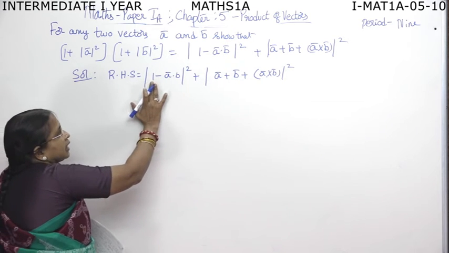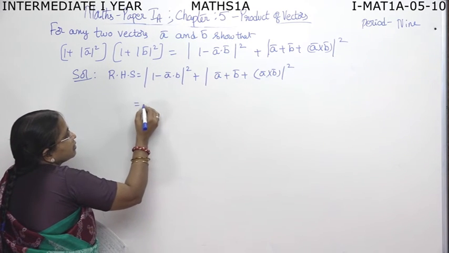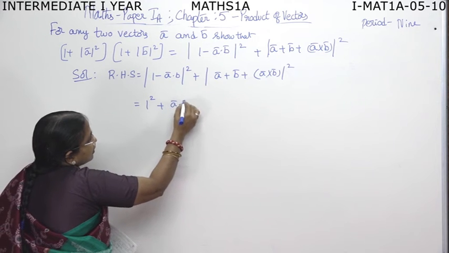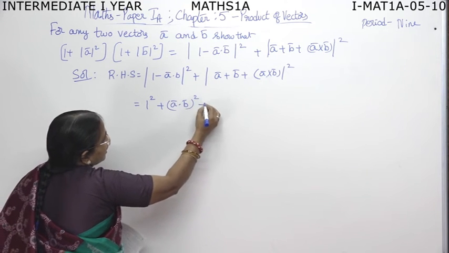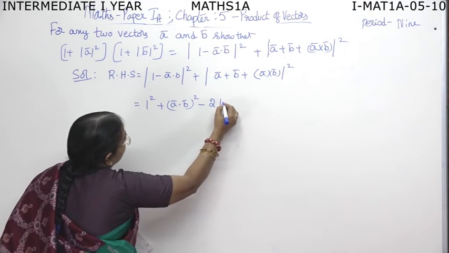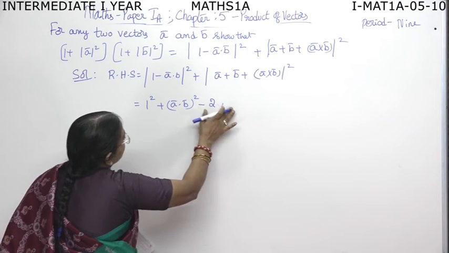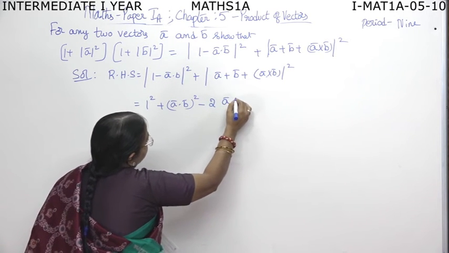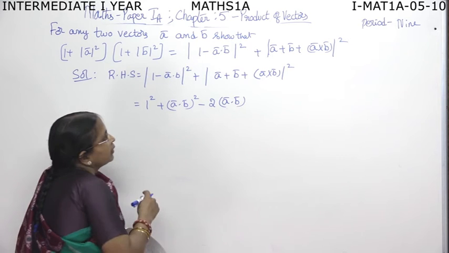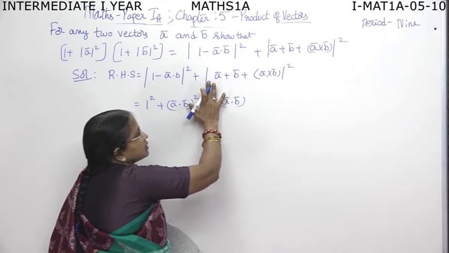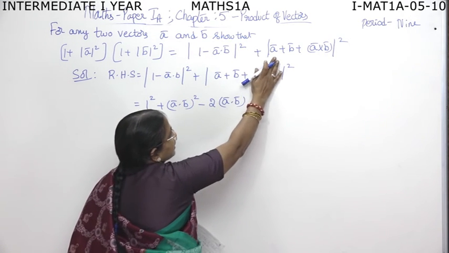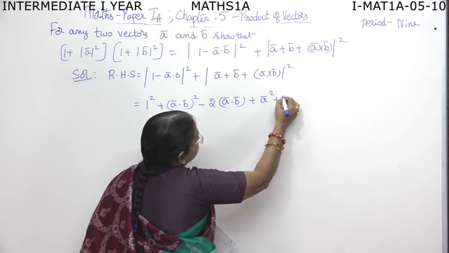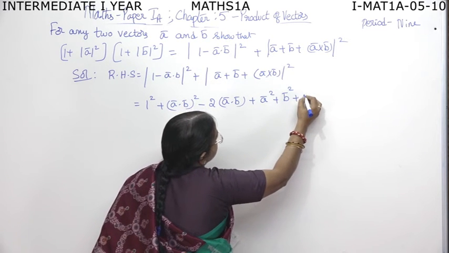Now this is like A minus B whole square. So what is the formula? A square plus B square minus 2A dot B, that is 2 into A dot B. Now again expand this. This is like A plus B plus C whole square. So that is A square plus B square plus C square.